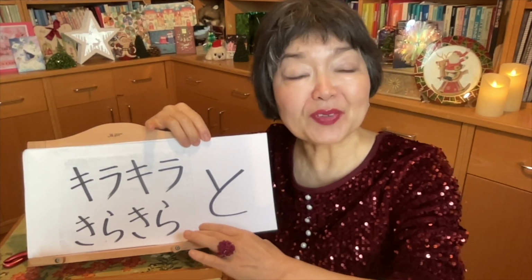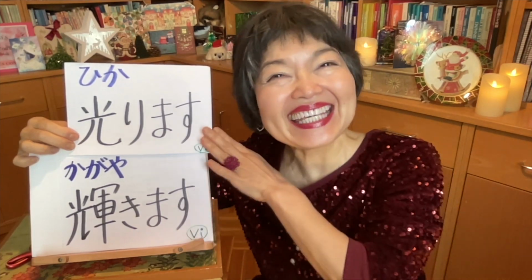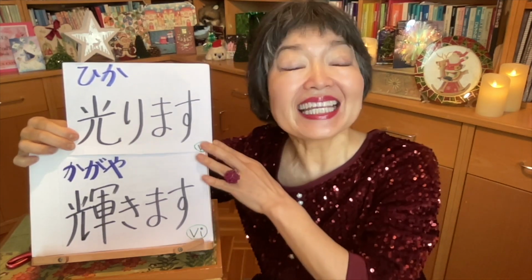This is an adverb, and after it comes the verb. In the case of kirakira to, these 2 verbs match very well: hikarimasu and kagayakimasu. They both mean to be bright, to shine. These are intransitive verbs: something ga hikarimasu, something ga kagayakimasu.